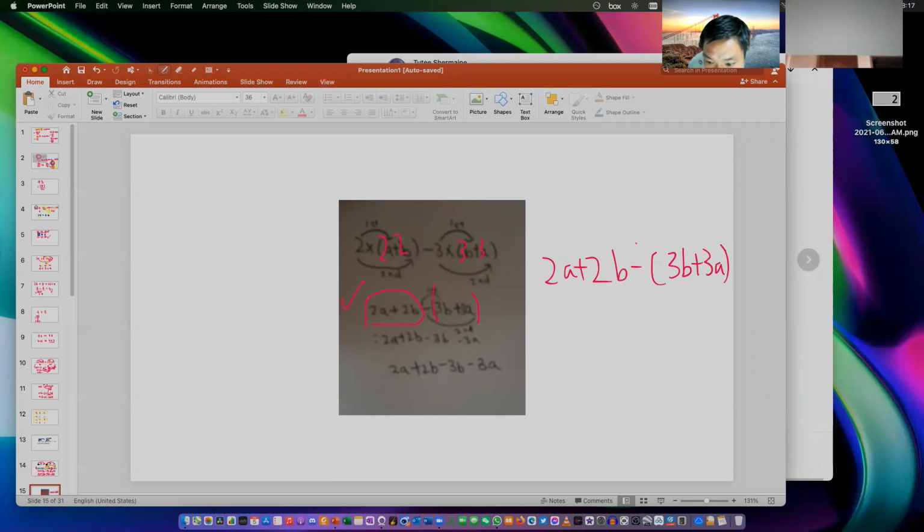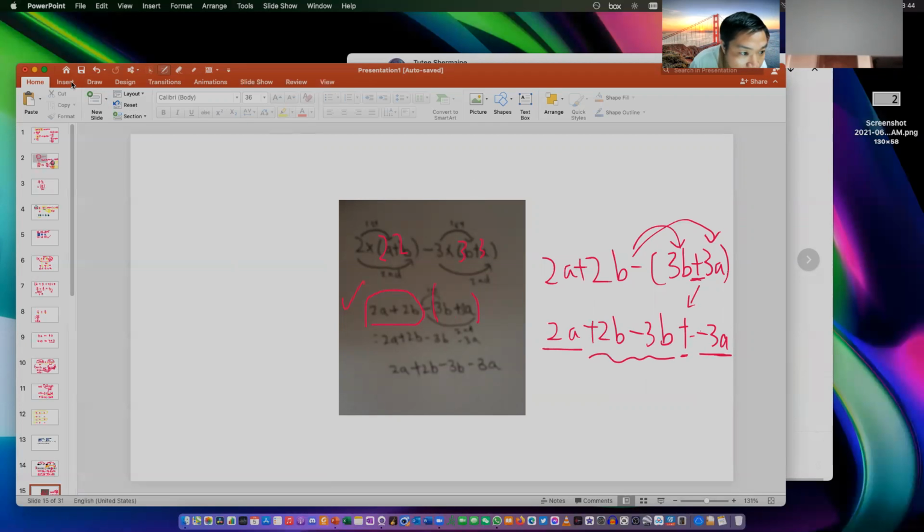The next part is, of course, you need to do this. The first arrow you get minus 3b. The second arrow you get minus 3a. And in between there is a plus sign to separate these two. So you need to copy down the plus sign. Then in front you have 2a plus 2b. And then you need to combine these similar terms.